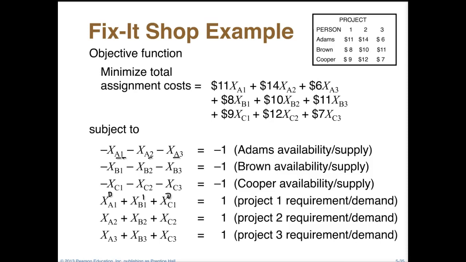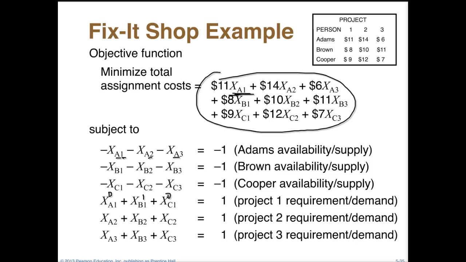And of course, we want to minimize the total cost. So everything that we see here, we just attach the corresponding decision variable to it. For instance, this one is the number of, I guess, the project that's going to be assigned to Adams for project 1.